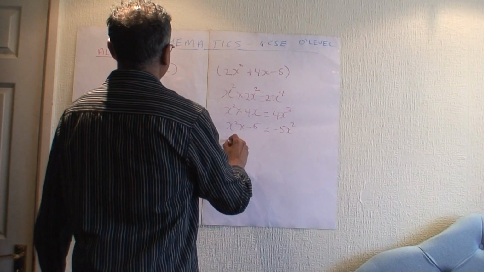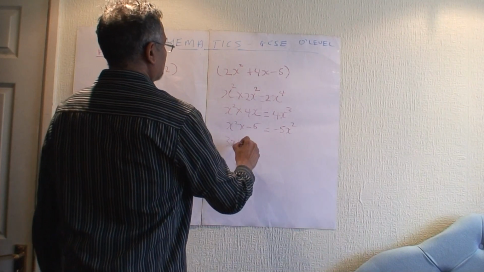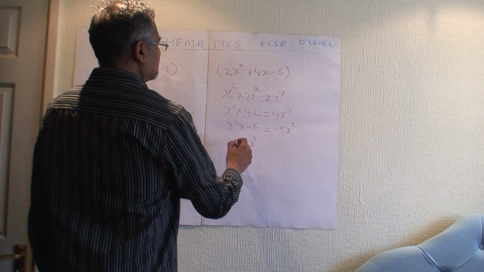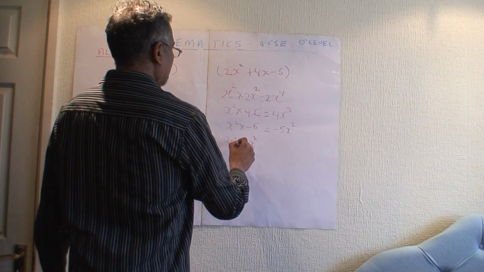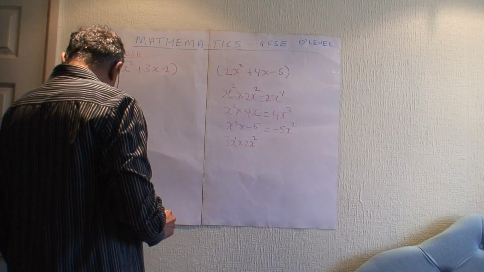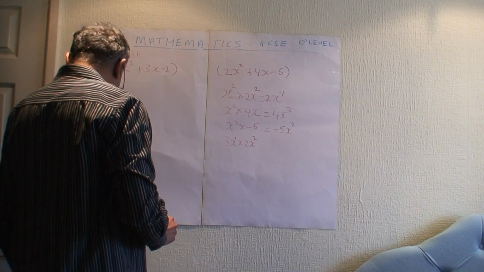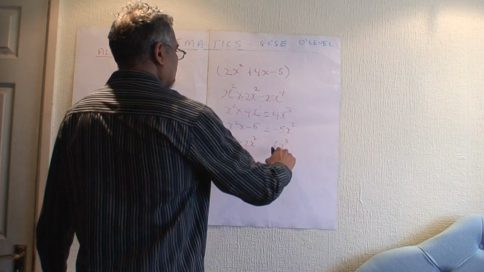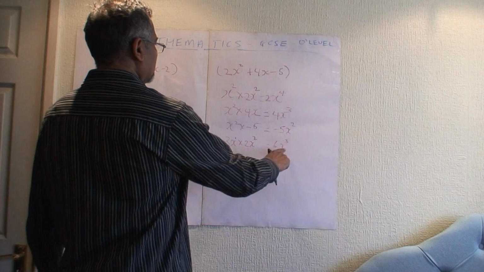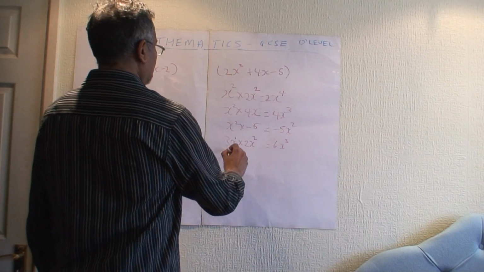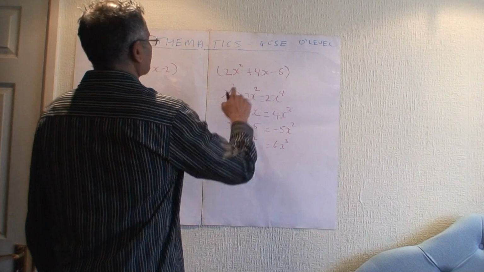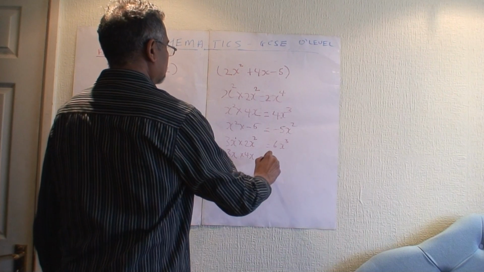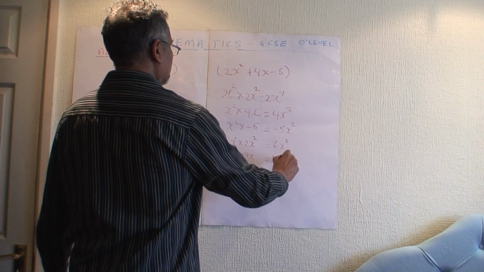If we have 3x multiplied by 2x squared, the coefficient of x is recognized as 1, so that is 6x to the third power. 3x multiplies by 4x, so that's 12x squared.